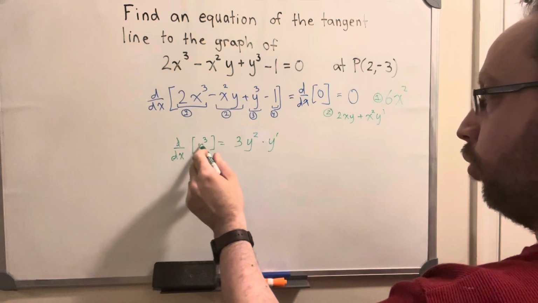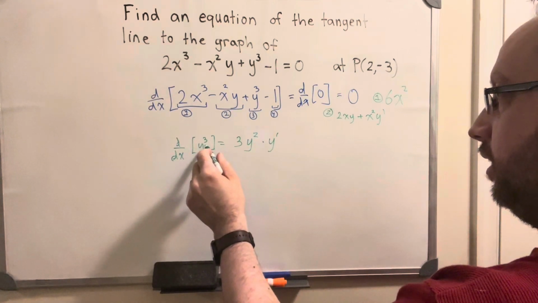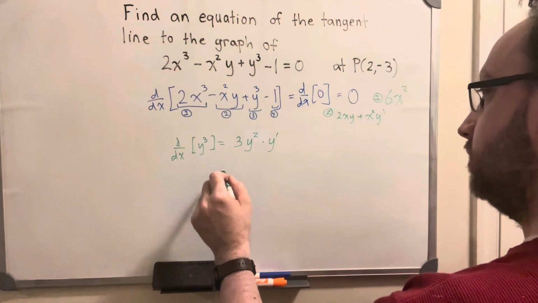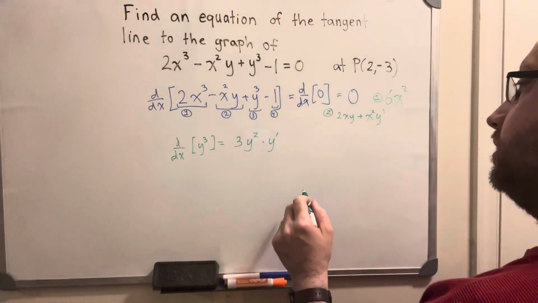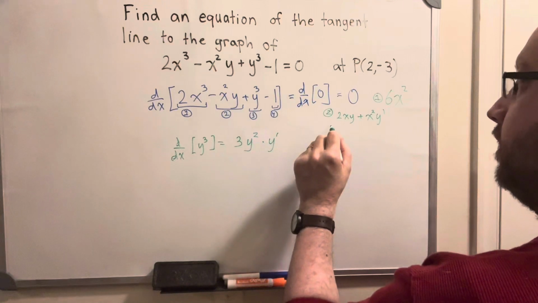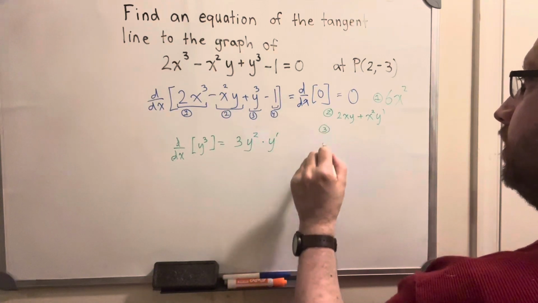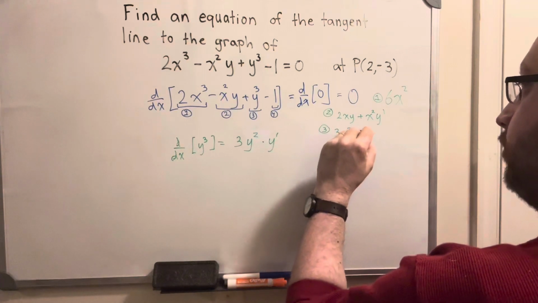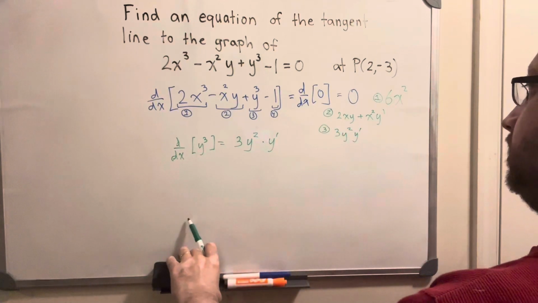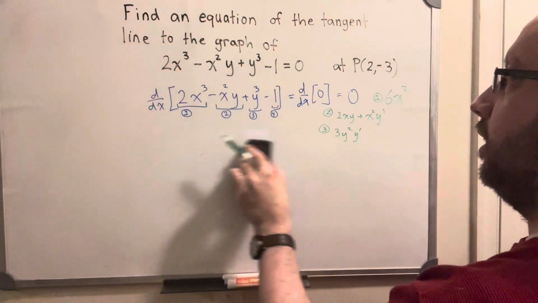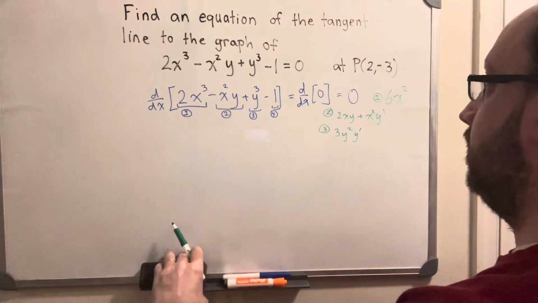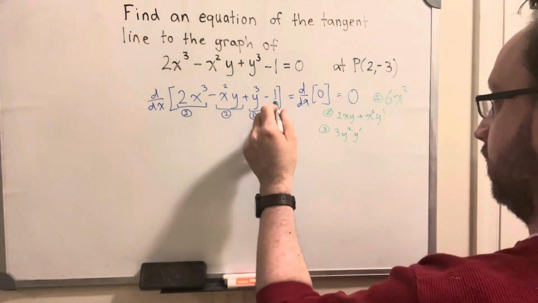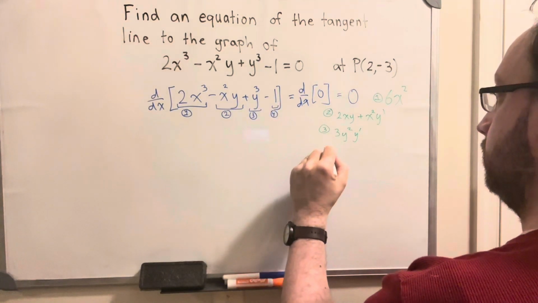It's like y is our other variable. It's like doing a u substitution. So this is 3y squared y prime. And for the derivative of minus 1, it's a constant, so it's just 0.